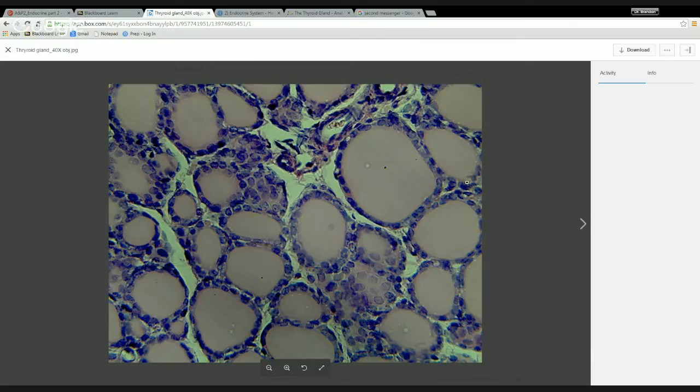Now, in this 4X objective picture, I can't actually guarantee that these are parafollicular cells. Over here, it might be a little bit more obvious that this is probably the edge of a follicle. It's like if you took an orange, for instance, and you cut right through the middle, then you'd see the orange peel on the outside, obviously, like what's surrounding the thing.